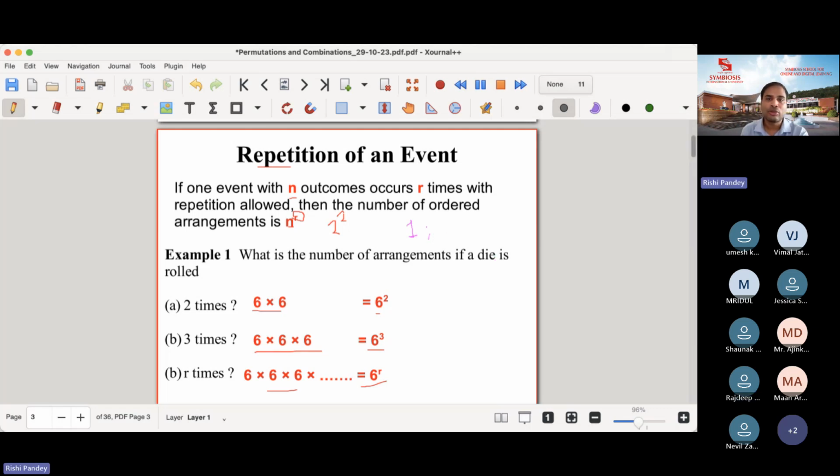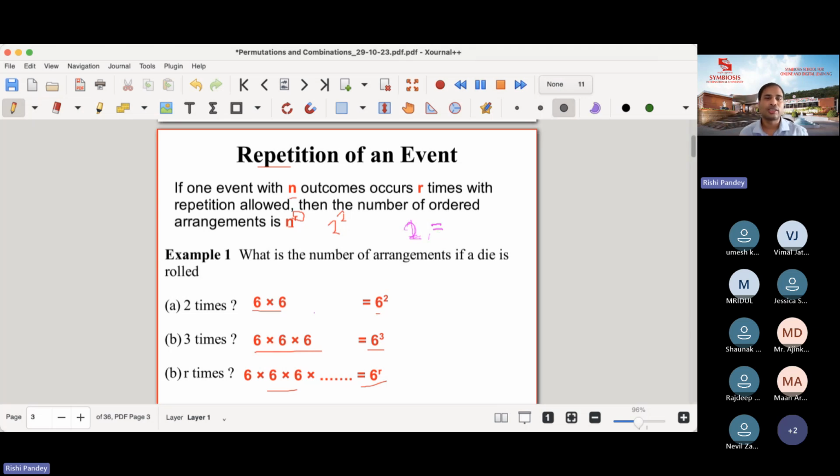But if you throw the same coin 2 times, what are the possibilities? 4 possibilities: head head, head tail, tail head, tail tail. So actually we are multiplying. Similarly, if you go with three times, you have 8 possibilities, 2 to the power of 3.